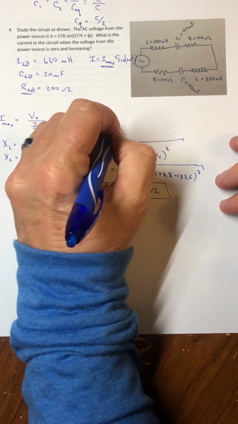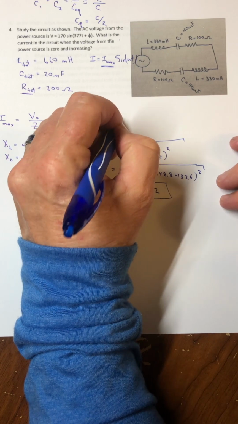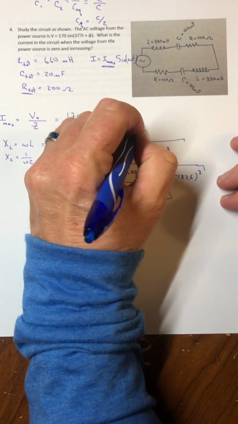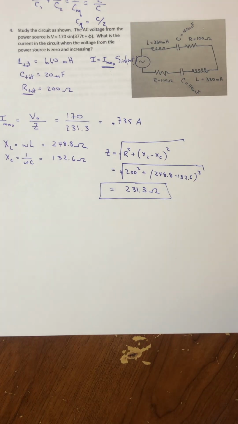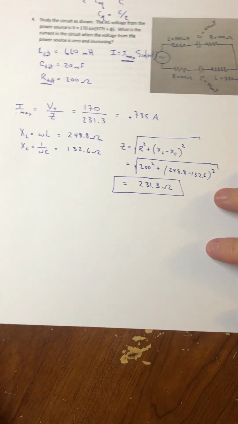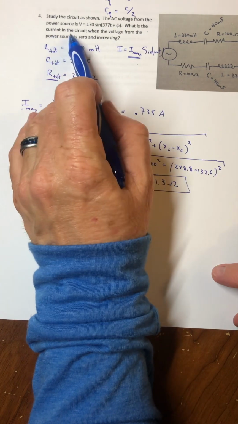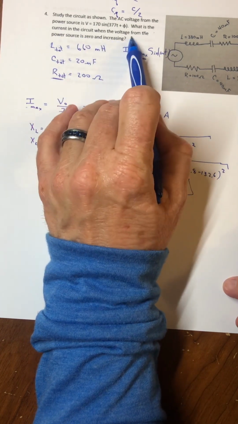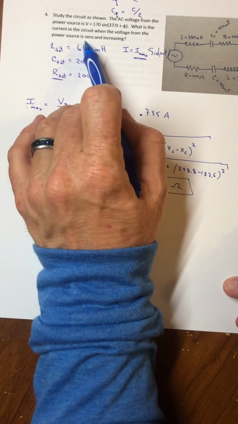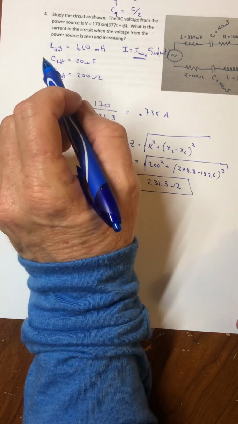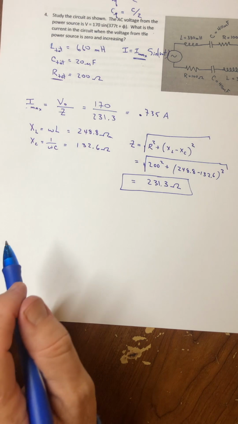And we're looking at about 0.735 amps for the maximum current, which isn't quite what they're asking, but it's a good start. Because it says here, what is the current in the circuit when the voltage from the power supply is 0, but is also increasing?